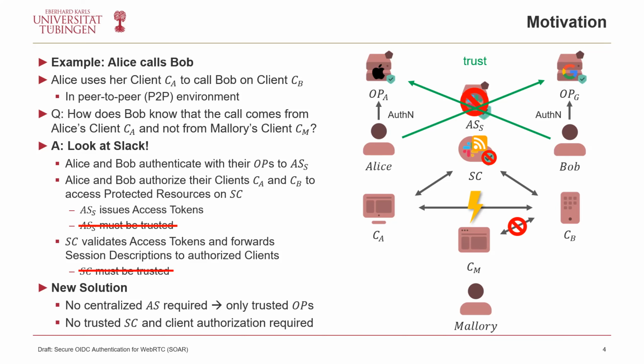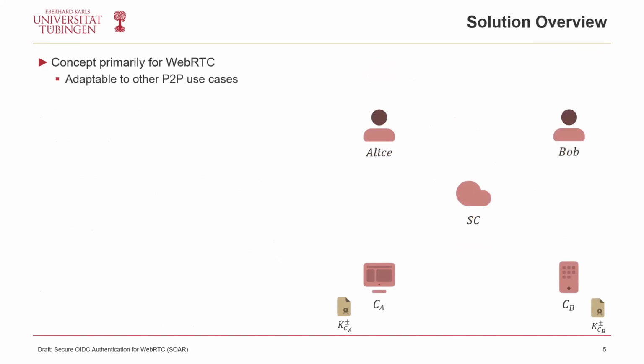So now, how does this work? I will first give you a short overview, and after that, I will go into more details how this exactly works. At first, I have to say this is a solution which was primarily conceived for WebRTC. It could also be used in any other peer-to-peer environment, but this is primarily for WebRTC.